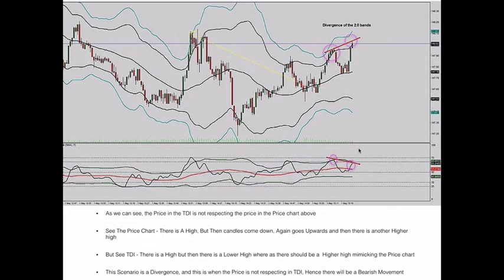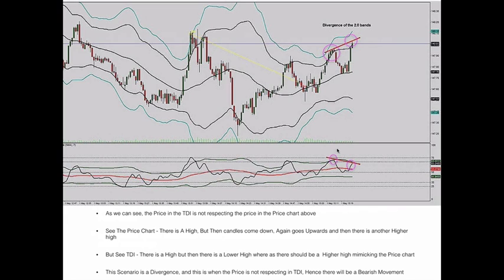But what is happening in the TDI is strange. It goes up, comes down, and it has climbed just till here. So the TDI should look something like this. I mean, this high should be higher than this high, but that's not the case. The price is not respecting. There is this high, then it comes down just like this, but when it goes back, it is not above this.